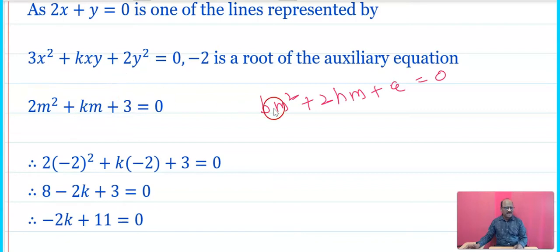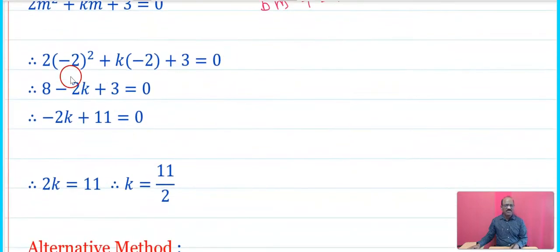If we compare it, substitute the values of a, b and h, and substitute the value of m, which is one root of that auxiliary equation, that is m is minus 2: 2 into (minus 2) square plus k into (minus 2) plus 3, and if we simplify, minus 2 square is 4, 4 into 2 is 8, minus 2k plus 3 is equal to 0.